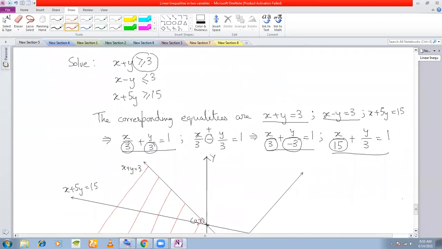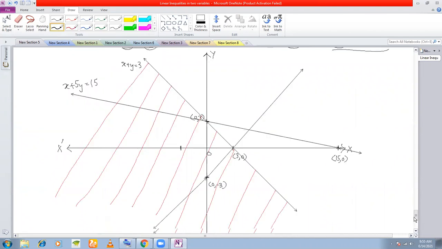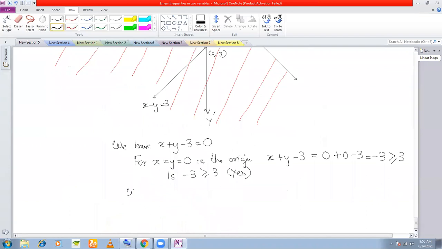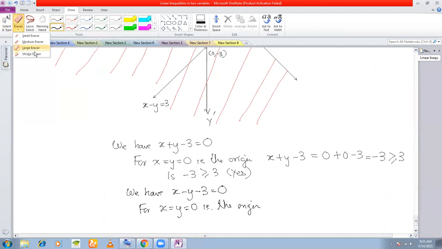Next one, consider the next inequality here, x minus y less than or equal to 3. Consider the equation first. So we have x minus y minus 3 is equal to 0. Again, take the origin. Is minus 3 greater than or equal to 0?